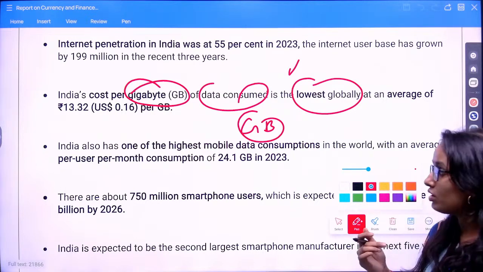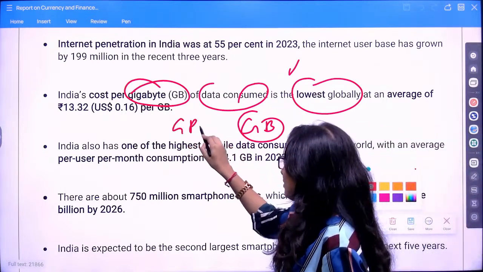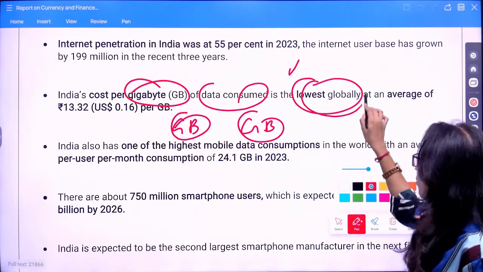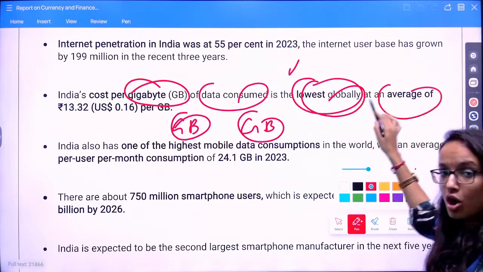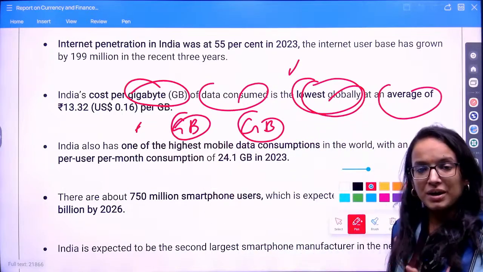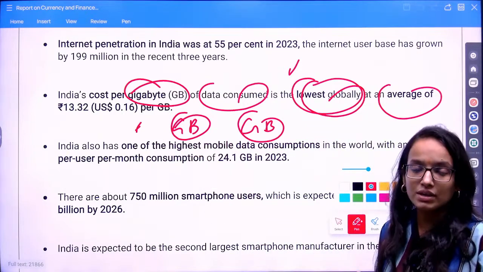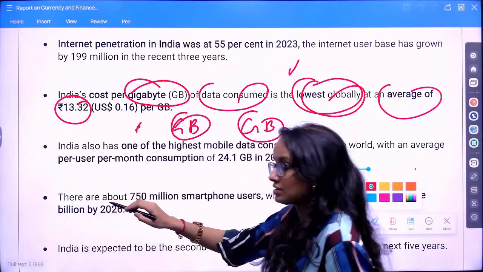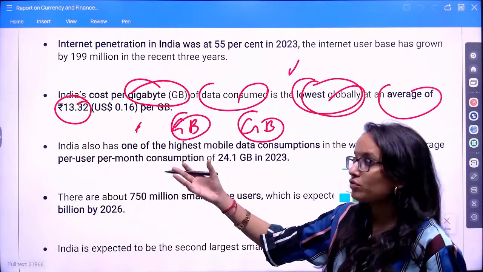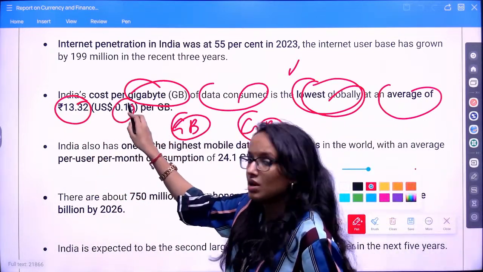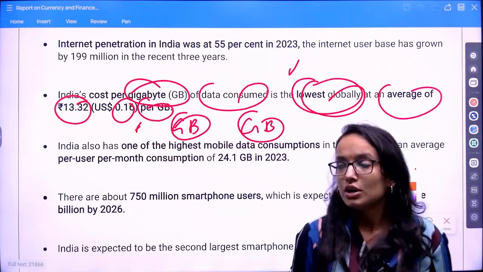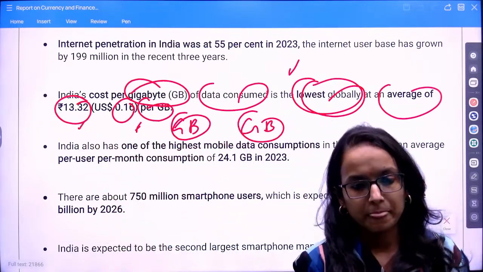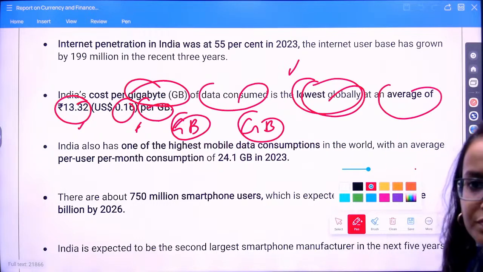So India's cost per GB of data consumed is the lowest globally. Remember this data: what we have to incur per GB for the data consumed is only 13.32 rupees. In terms of US dollar it will be 0.616 per GB. So in terms of rupees you can remember 13.32.